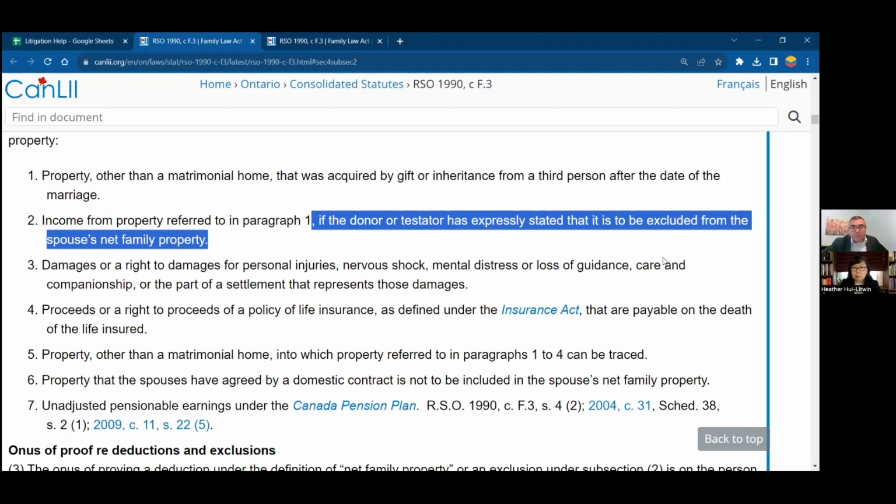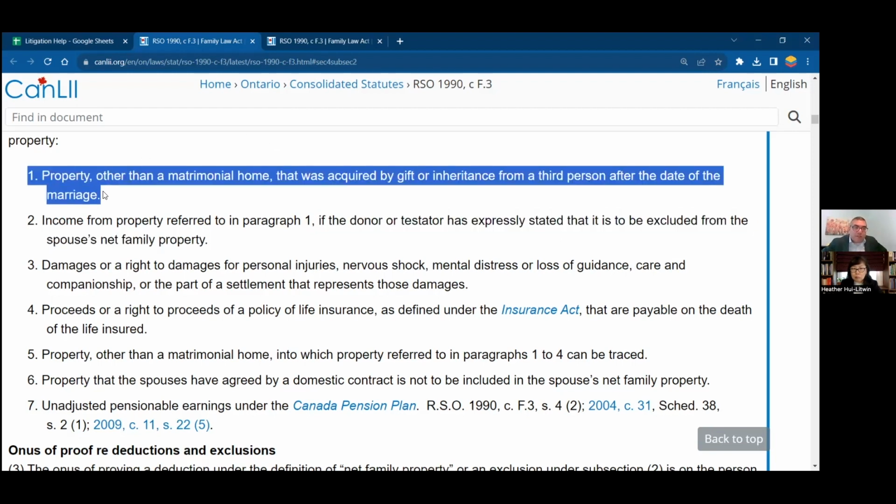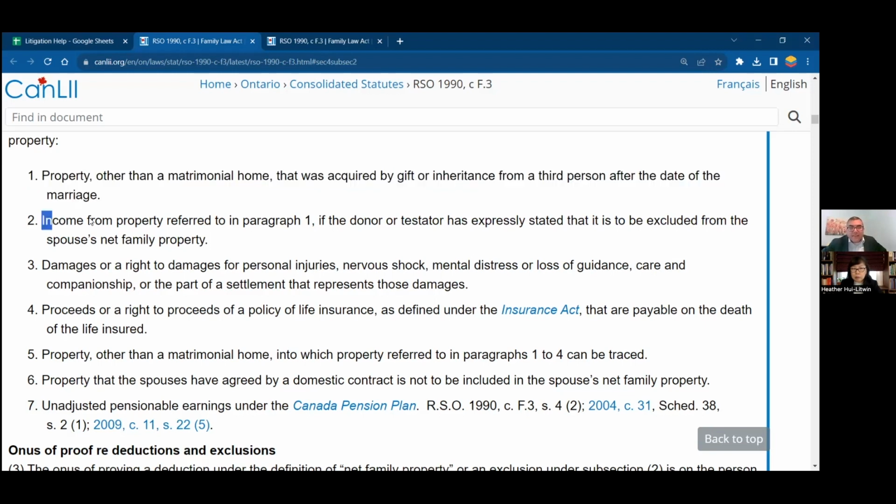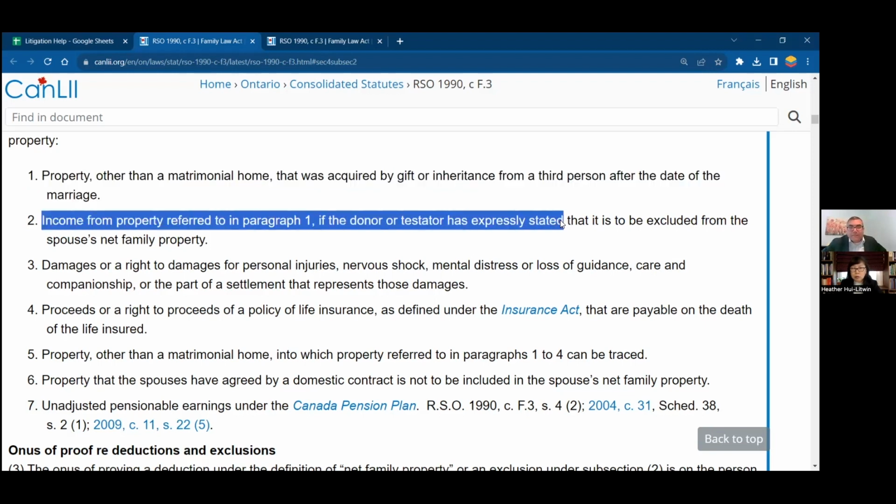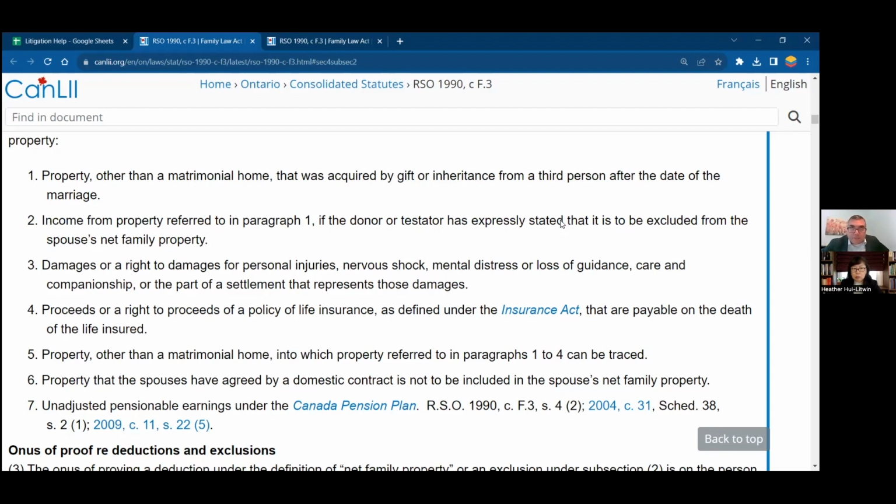So just to be very clear, you don't need that language for the exclusion for number one. For the principal that you receive, it's excluded just based on the fact that you receive it, right? That it qualifies under number one. It's the income that needs to be expressly stated to be excluded.